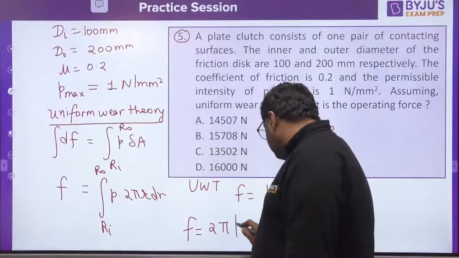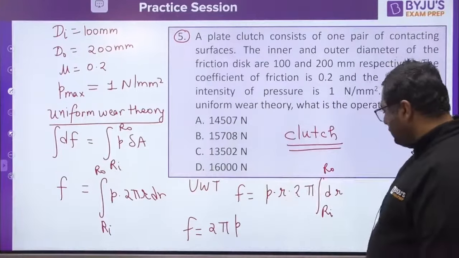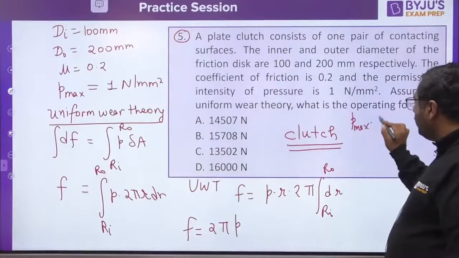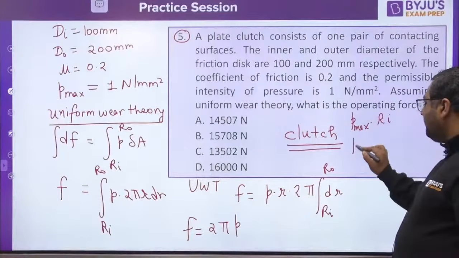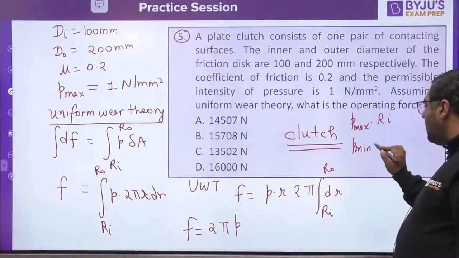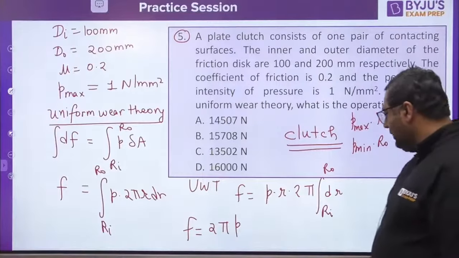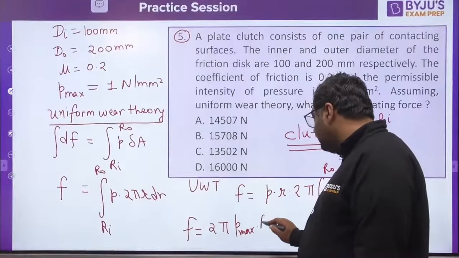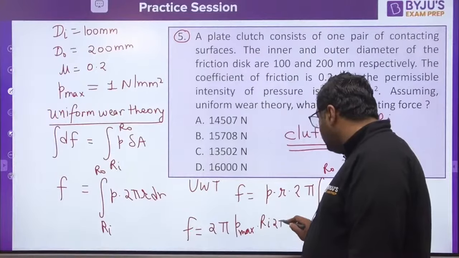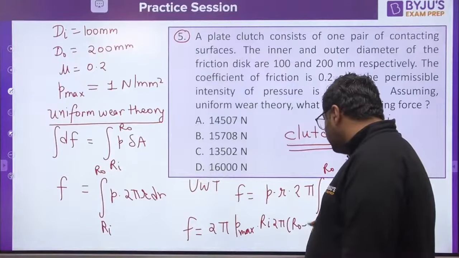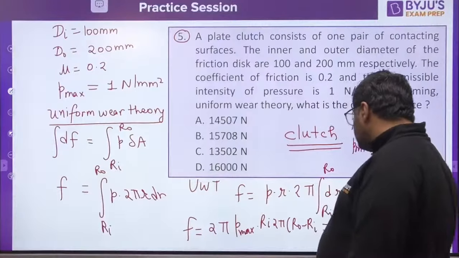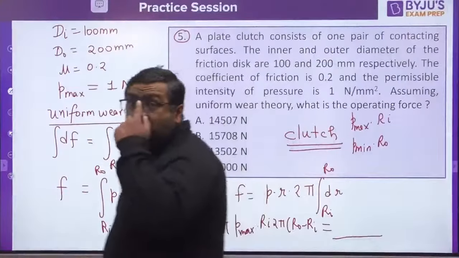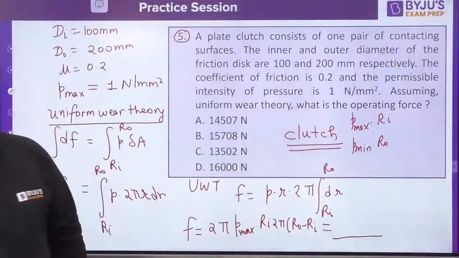You know P into R is constant. So P maximum would be at Ri and P minimum would be at R naught. So here we would write P maximum, because it is known to us, into Ri. So F equals 2 pi P maximum Ri into R naught minus Ri. Solve it and get the answer. I have made everything easy for you. You just need to put in the values now.